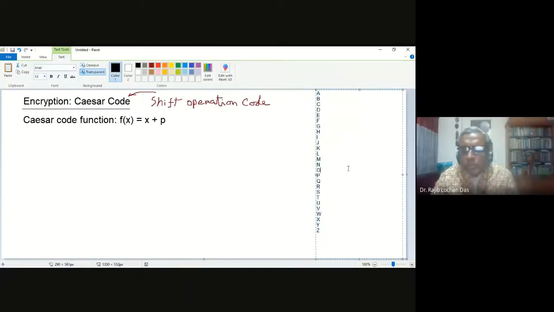It is not a very important thing, so you can just do it on your khata, no problem.